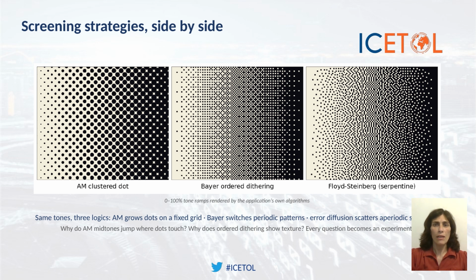In the middle, Bayer ordered dithering with its characteristic periodic texture. On the right, Floyd-Steinberg error diffusion, aperiodic with no fixed angle at all. Placed side by side, every difference becomes a question that students can investigate themselves.